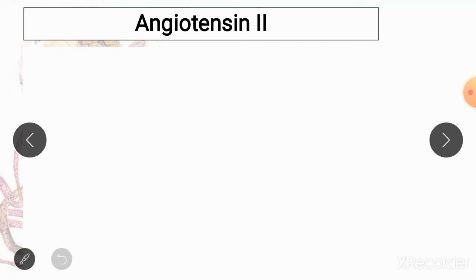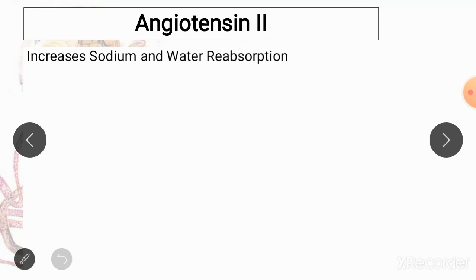Then secondly, we have angiotensin 2. Angiotensin 2 is formed by the action of ACE enzyme on angiotensin 1, which was formed by renin when it acted on angiotensinogen. We have already discussed the formation of angiotensin 2 in previous lectures. You can visit those lectures to revise it.